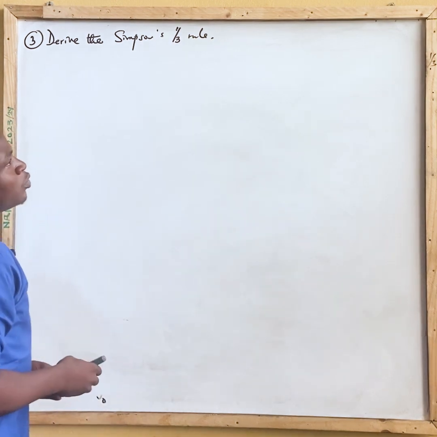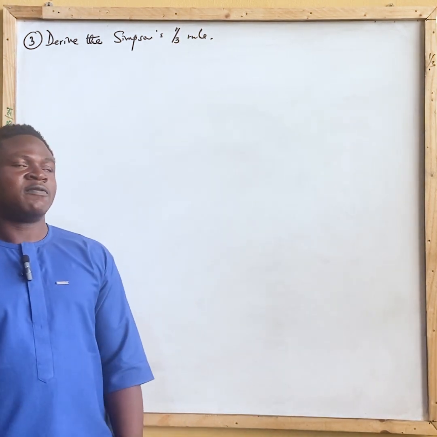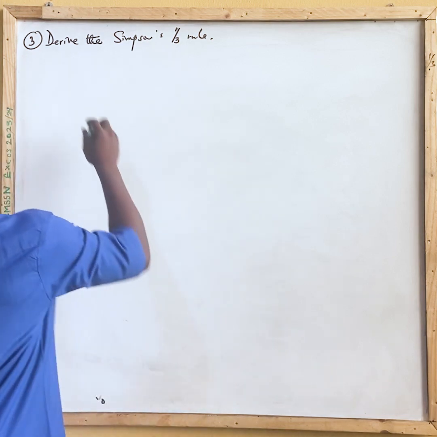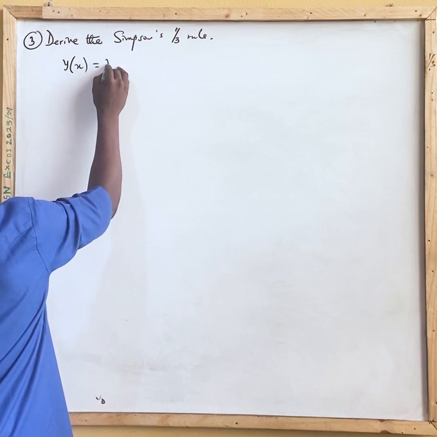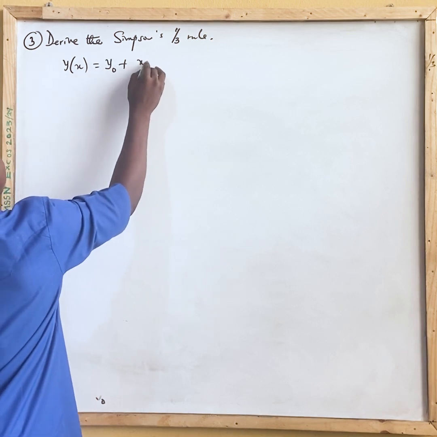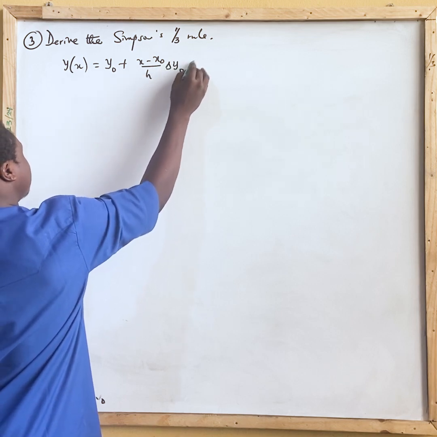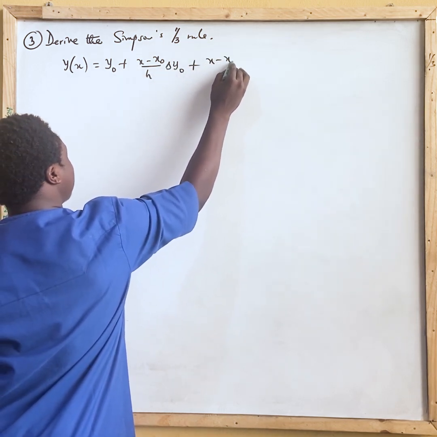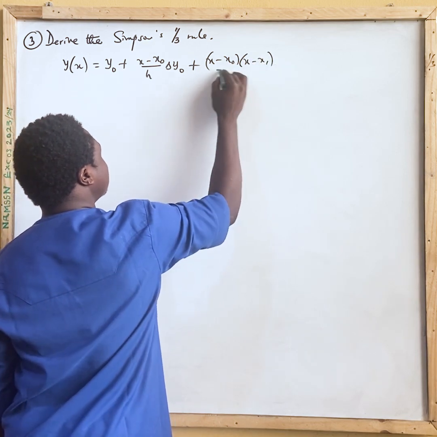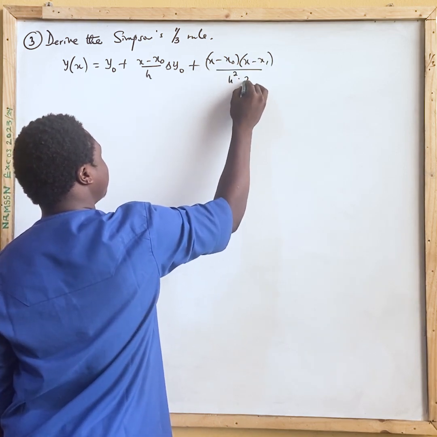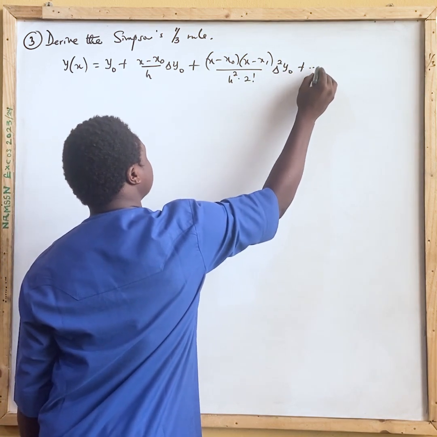Okay, so we will be using the Newton forward formula that says y of x equal to y naught plus (x minus x naught) over h times forward difference y naught, plus (x minus x naught)(x minus x1) over h squared 2 factorial times forward difference squared y naught, and so on and so on.